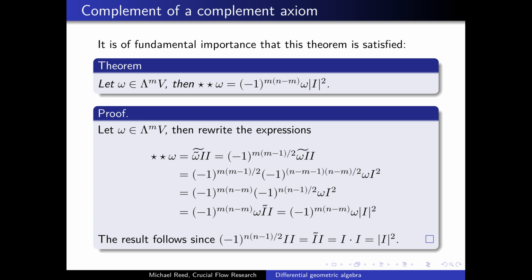So let's let omega be a grade m element, and then we can rewrite the expressions using the definition I gave previously. And then what we can do is we can take the reverse of omega and extract out the (-1) to the m times (m minus 1) over 2.